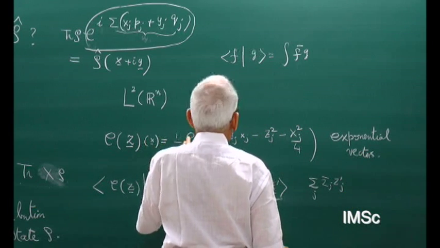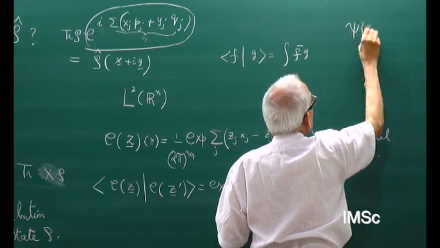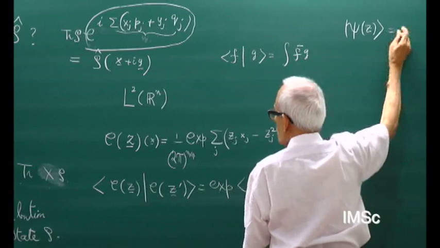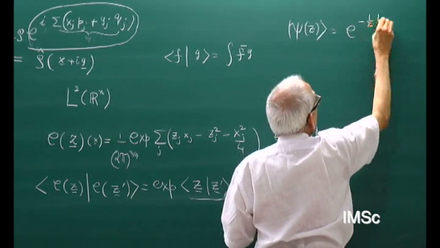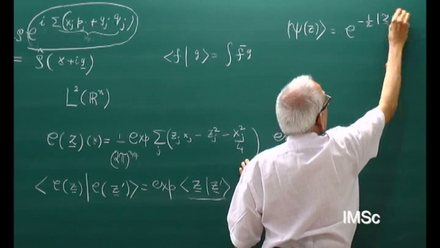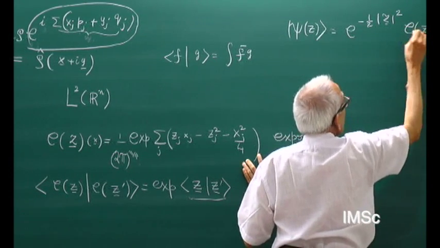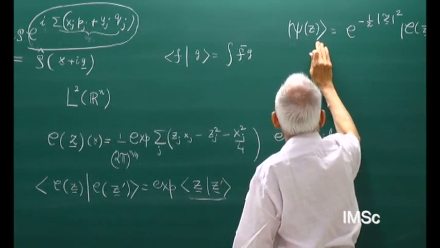And to make it a unit vector, you write C of z equal to e to the power minus half norm z square into E of z. If I write like this, it is an element of the Hilbert space.